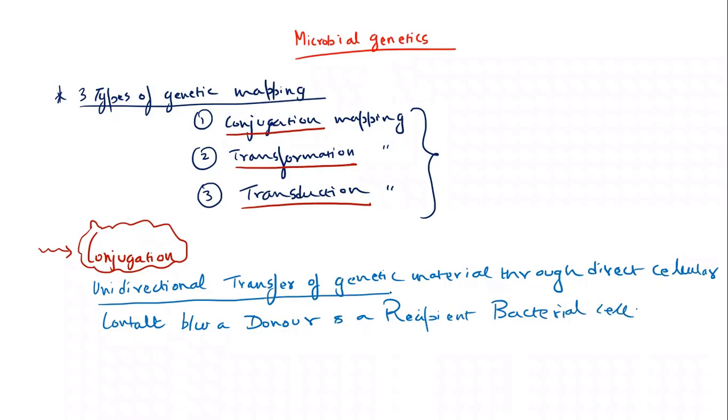So unidirectional transfer of genetic material through direct cellular contact between a donor and a recipient bacterial cell, right?